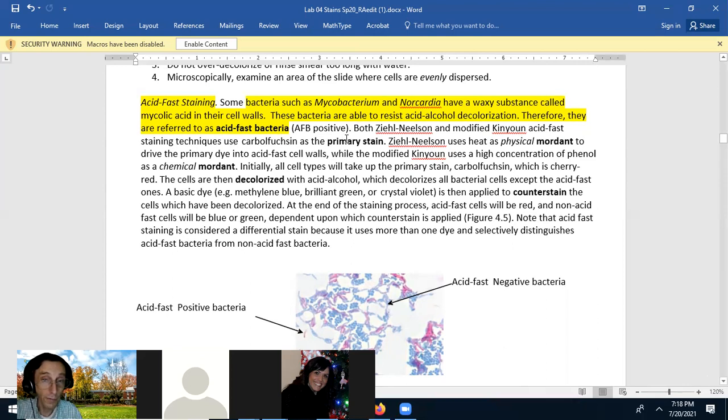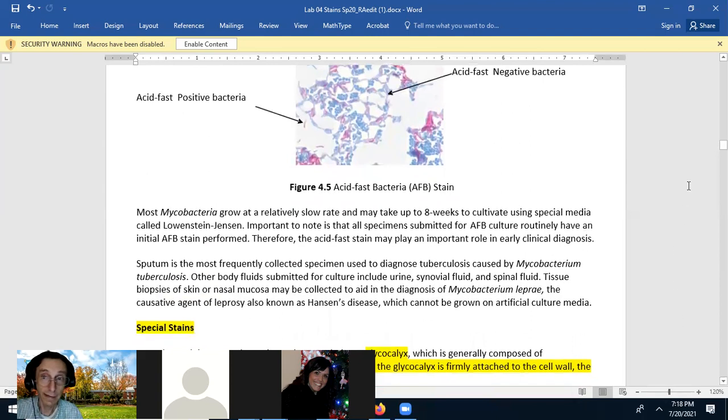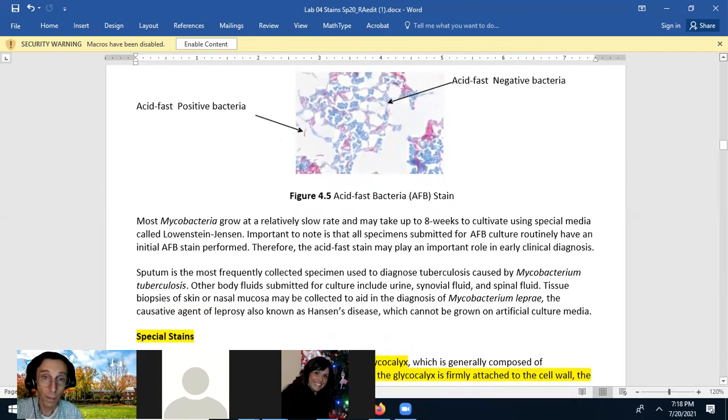There are 2 different stains we'll look at, the Ziehl-Neelsen stain and the modified Kinyoun stain, and they're both acid-fast stains. What they do is, an acid-fast cell will retain the acid-fast dye and will be pink in color.